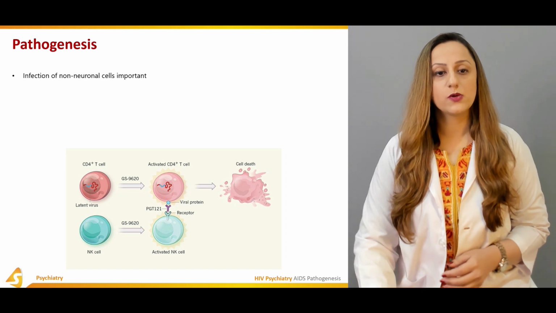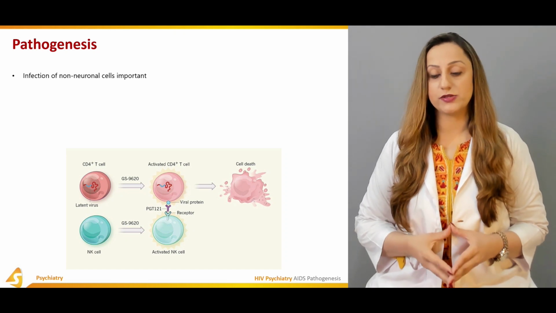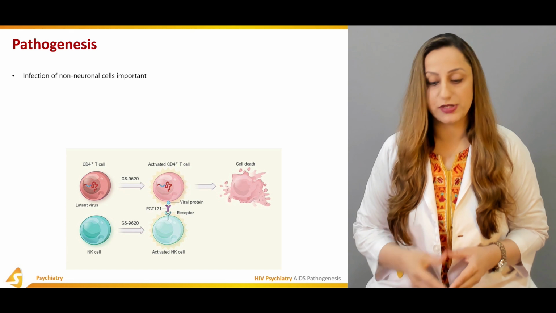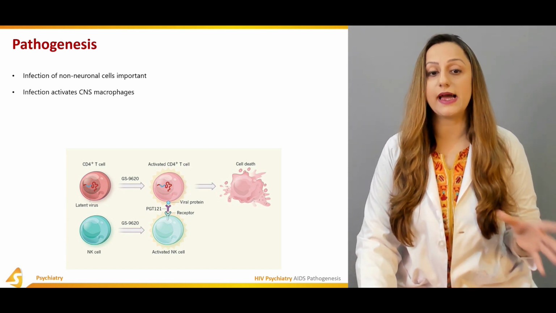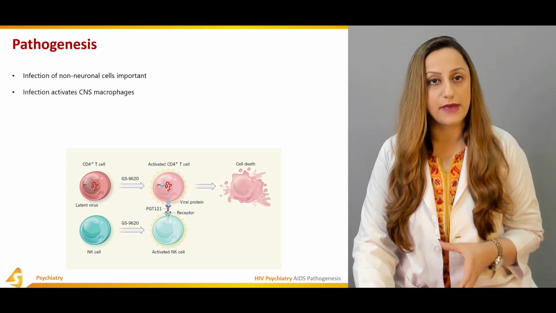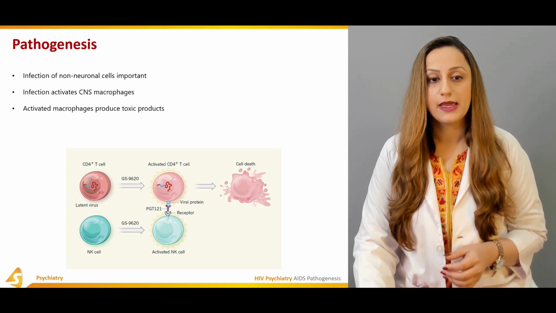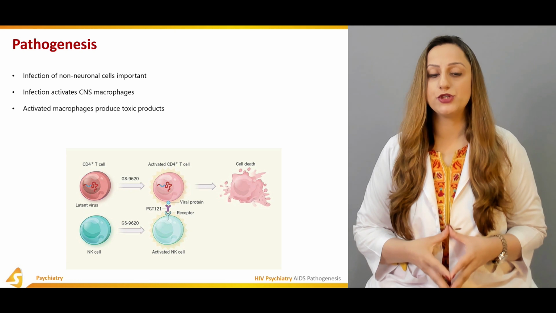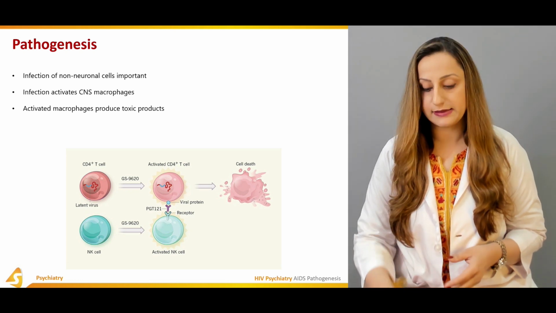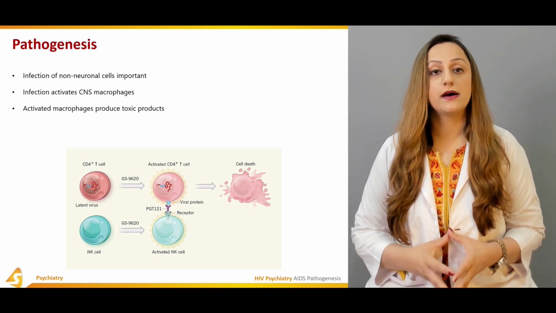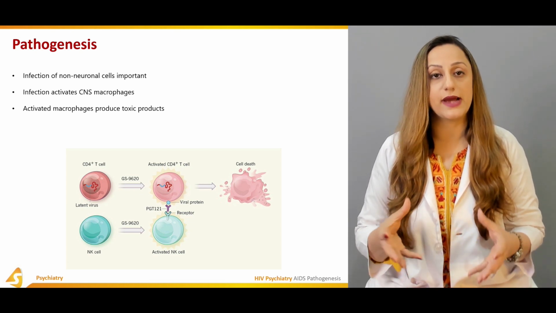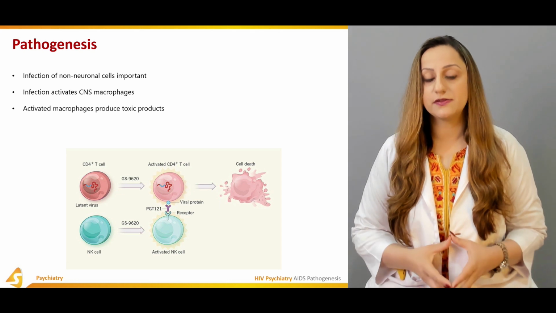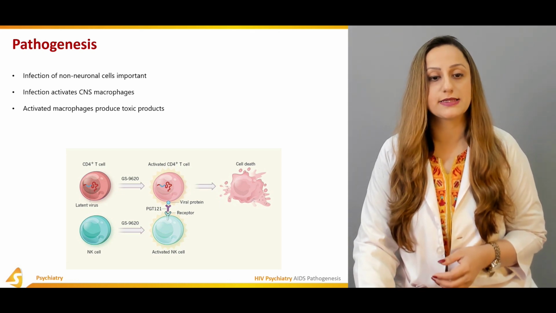Now, basically, the infection of the non-neuronal cells is quite important over here. That is, the infection activates the CNS macrophages. The activated macrophages produce the toxic products, and that is basically going to activate the immune system, or the defense mechanisms are activated after the activated macrophages produce the toxic substances.